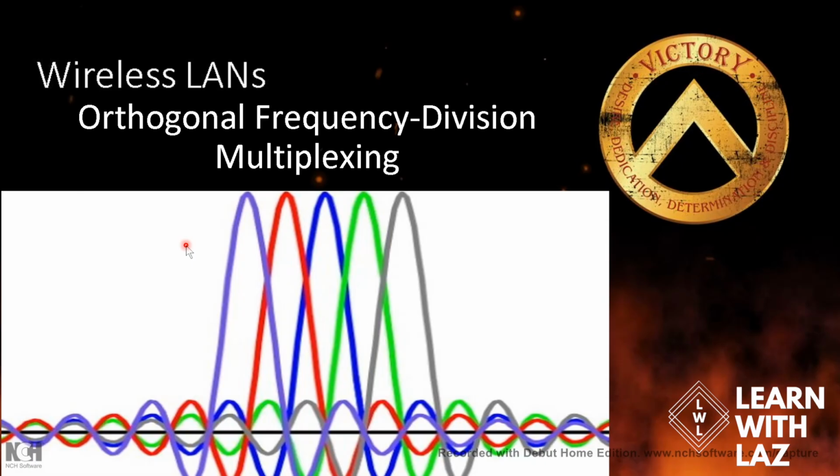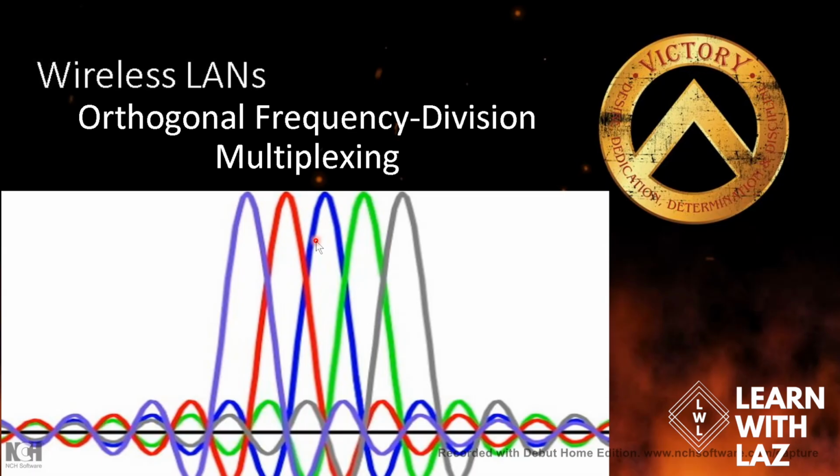So it takes all these different frequencies and they can be compressed. But it puts something in between that guards them from jumping from one to the other. That's the cool thing about orthogonal frequency division multiplexing, and that's the one we use today.